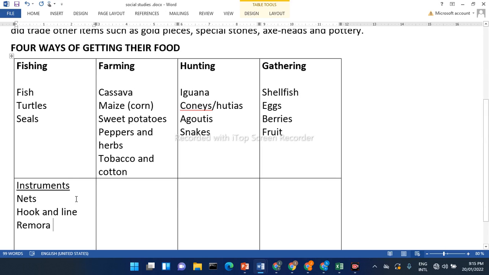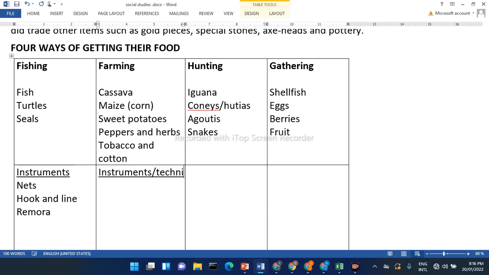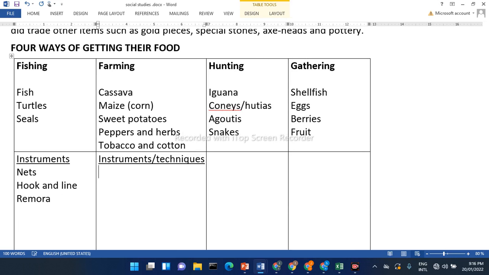Next up, in terms of instruments for farming, right? Instruments, or in this one, more so techniques, right? Instruments or techniques. So they would use the slash and burn method as a type of farming technique, right?